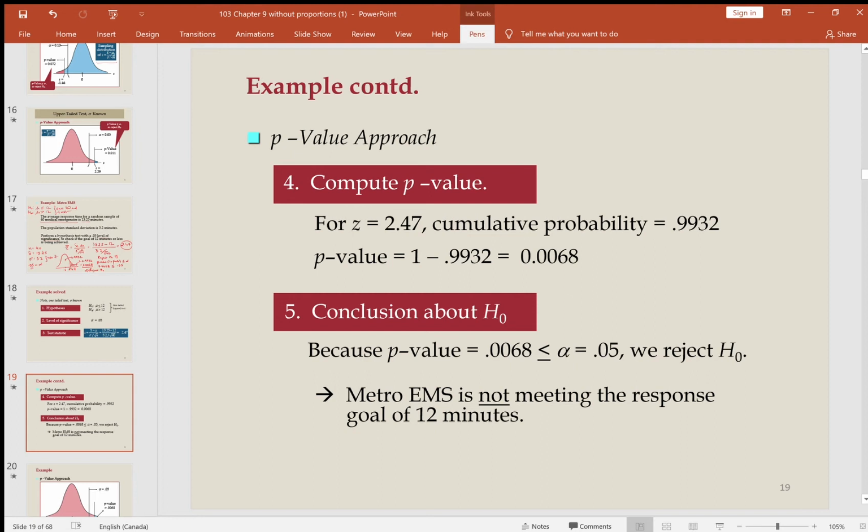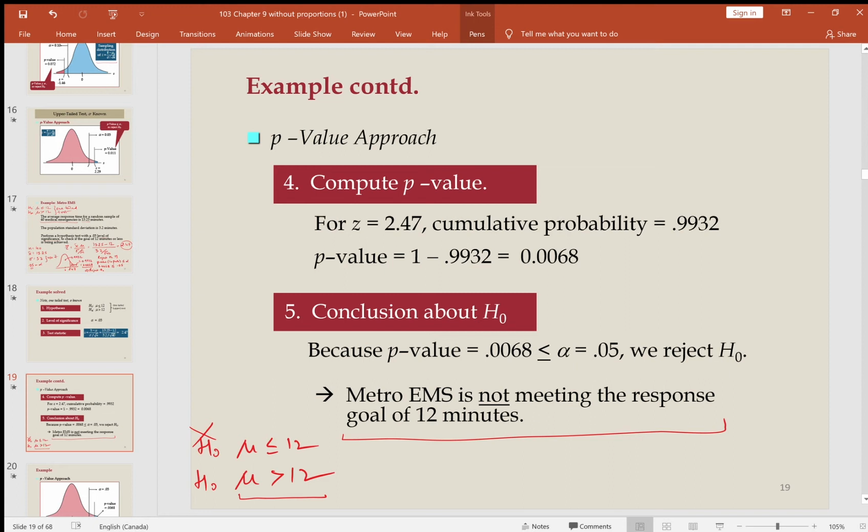And what does that mean? What it means is that the emergency vehicles are not meeting the response goal of 12 minutes, because you remember the null was mu is less than or equal to 12, and alternate is mu is more than 12. So if we reject the null, then it looks like from our data that the emergency vehicles are taking more than 12 minutes.